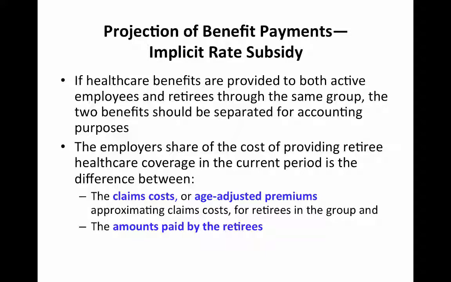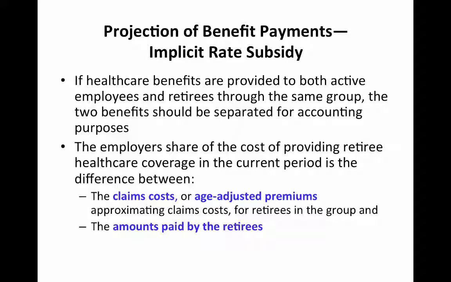So what happens here is that there are cases where a government may not actually make any cash contribution on behalf of the retired employees. They're not paying for the retired employees' premiums, but they do allow the retired employees to be insured in the same pool as the current employees. And what that does is it lowers the premiums that the retired employees otherwise would pay.